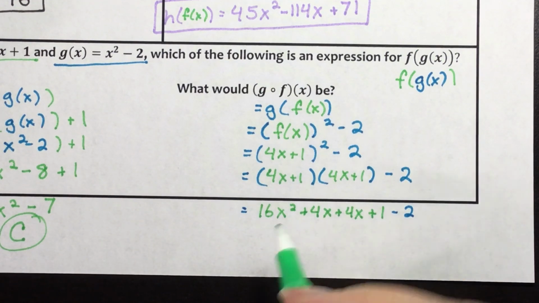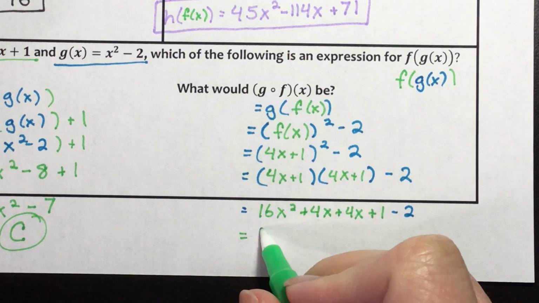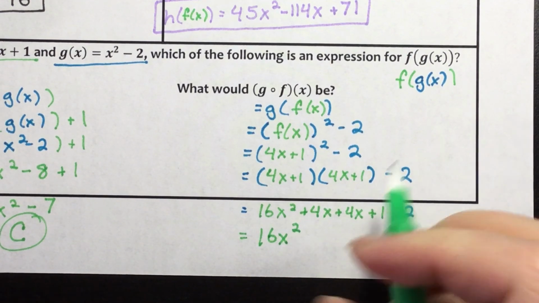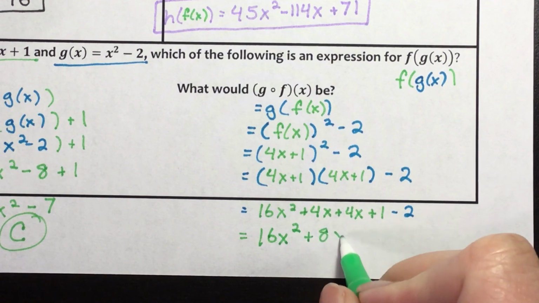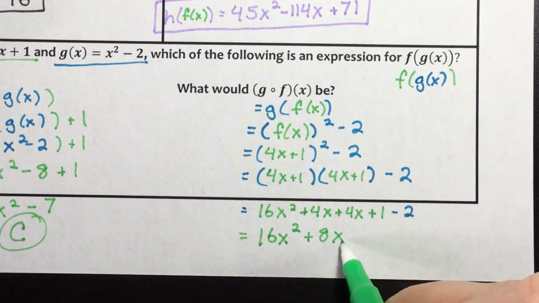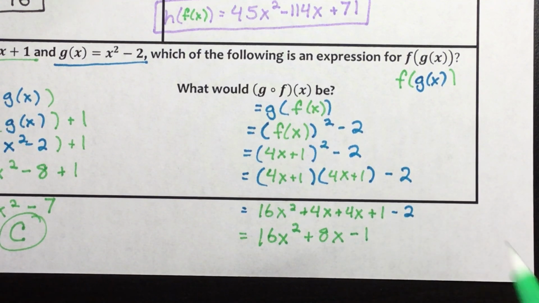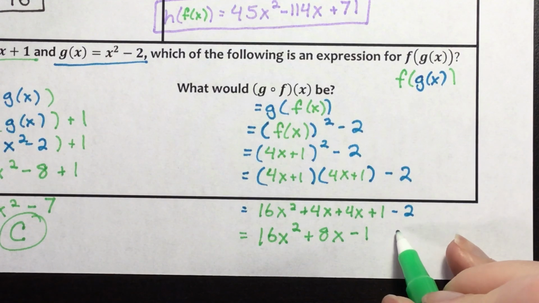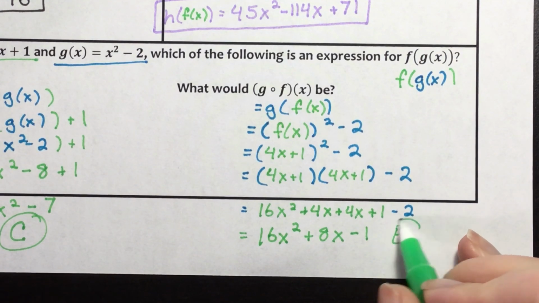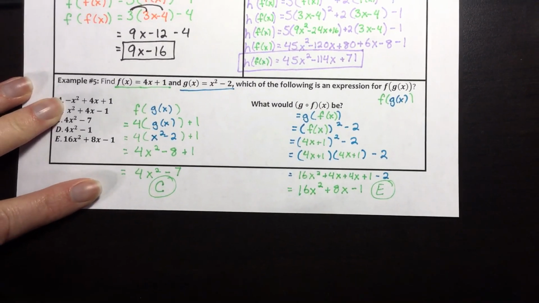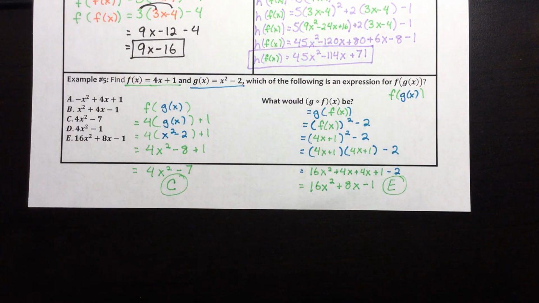And then we combine like terms. 16x squared does not have a like term to go with it. 4x plus 4x is 8x. Remember that when you're combining like terms, you do not change your exponents. And then 1 minus 2 is negative 1. So that is answer option E. Okay, so we have proven again that f of g of x and g of f of x are not the same thing.